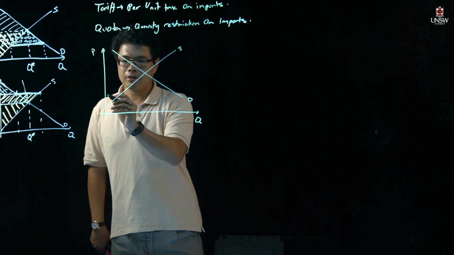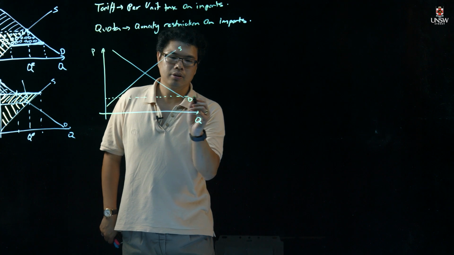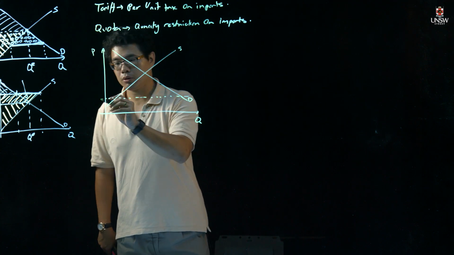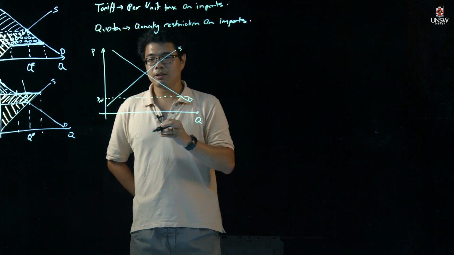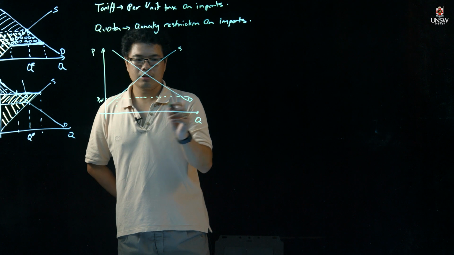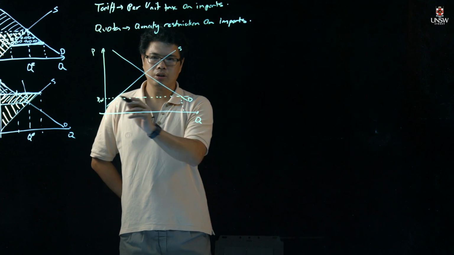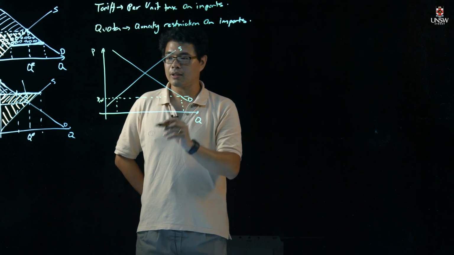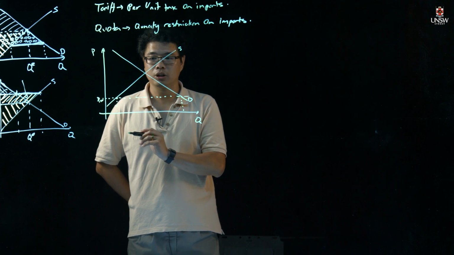Let's say that initially the world price is here. We call that PW. As you can immediately see, that's the quantity that we would then import. That's the excess demand, because our producers are only willing to produce this much.